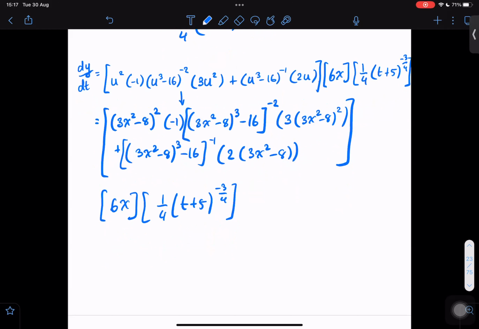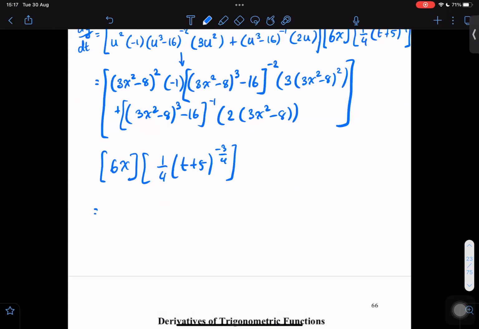Next you change x to t. You change every x to the fourth root of t plus 5. So it becomes 3 of the fourth root of t plus 5 squared minus 8, squared, minus 1, and so on like this.